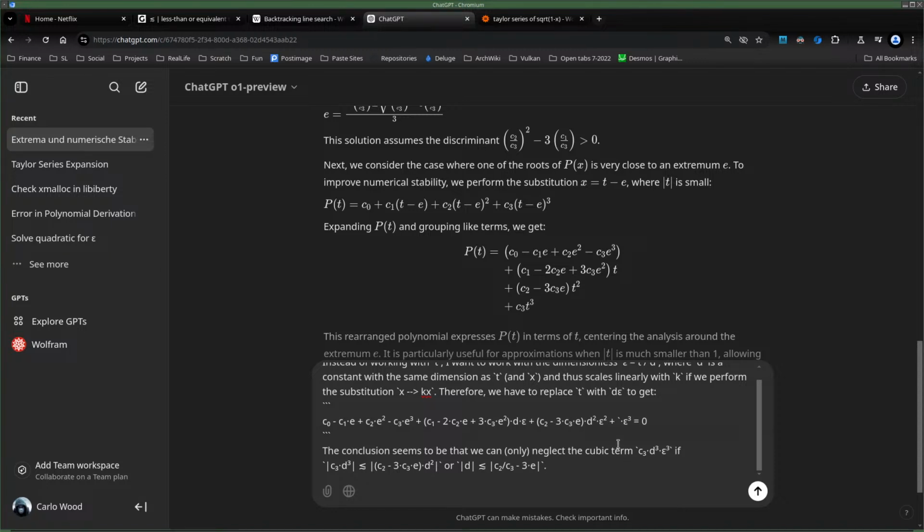I mean, this only guarantees that this term... Oh, something disappeared here. What was here? Just C3, I think.